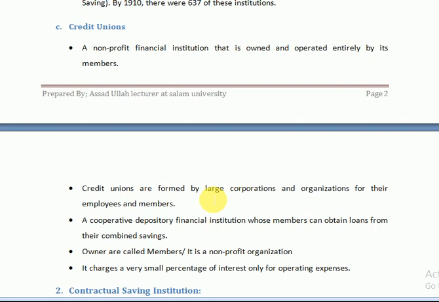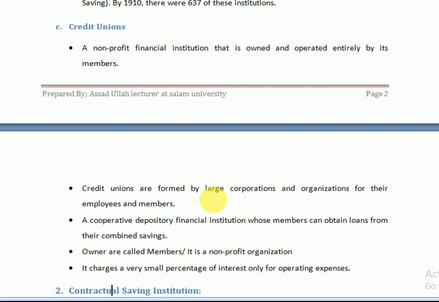So a credit union is a non-profit financial institution that is owned and operated entirely by its members who made it. Those persons are called members of the credit union.